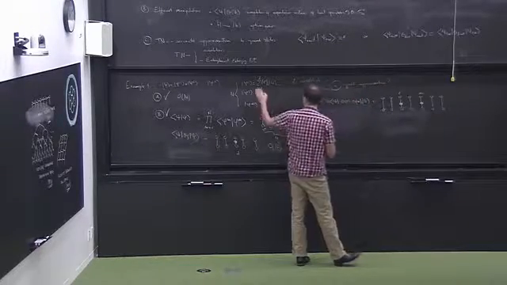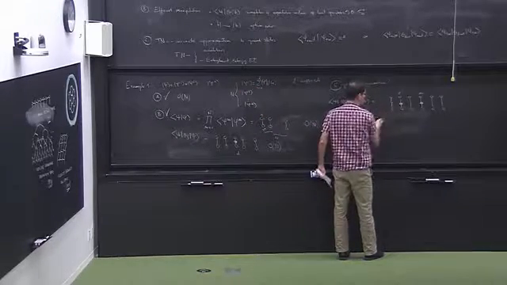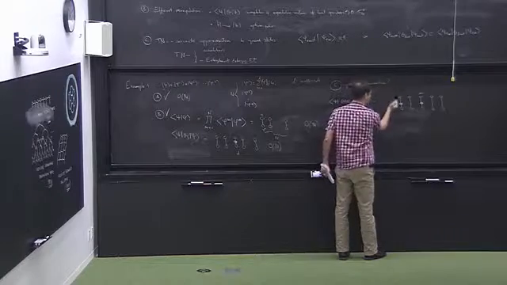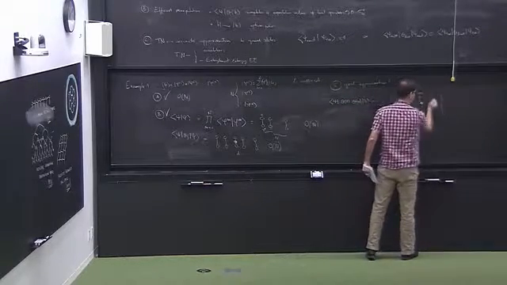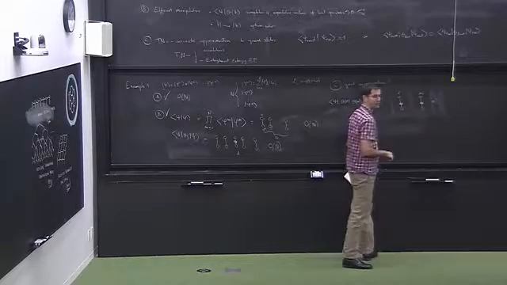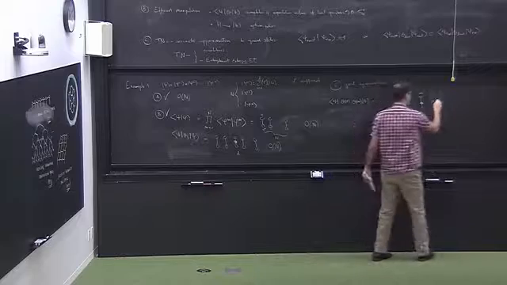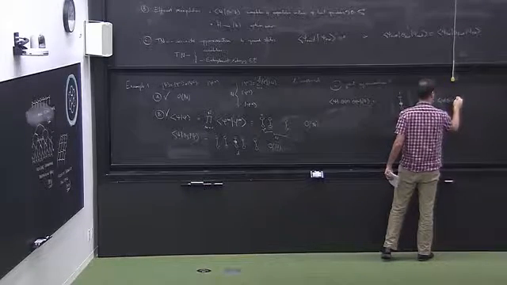What I want to point out now is that after we've normalized all these individual states, this gives you a 1. This gives you a 1. This gives you a 1. I don't know what this gives you, but I'm just going to leave it like that. And I notice that that would be exactly the result if I was computing psi O of L psi.